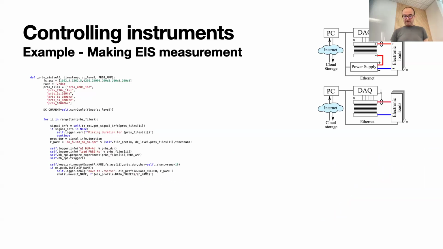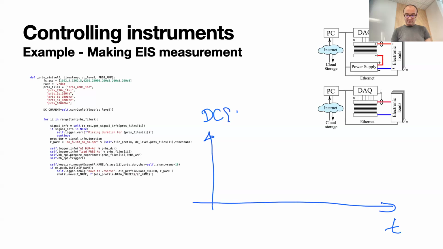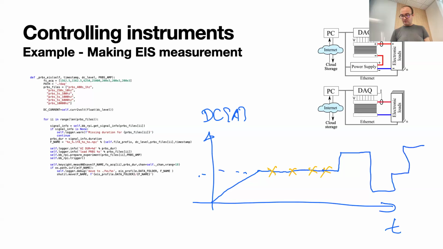What we can do, and what we are actually doing in some places, is this: this is time, and this is DC current in amps. We go up and make the first IV curve up until some point. Then we do a flat line, and here maybe we do several ice measurements, and then we go to different set points and explore how this system behaves.